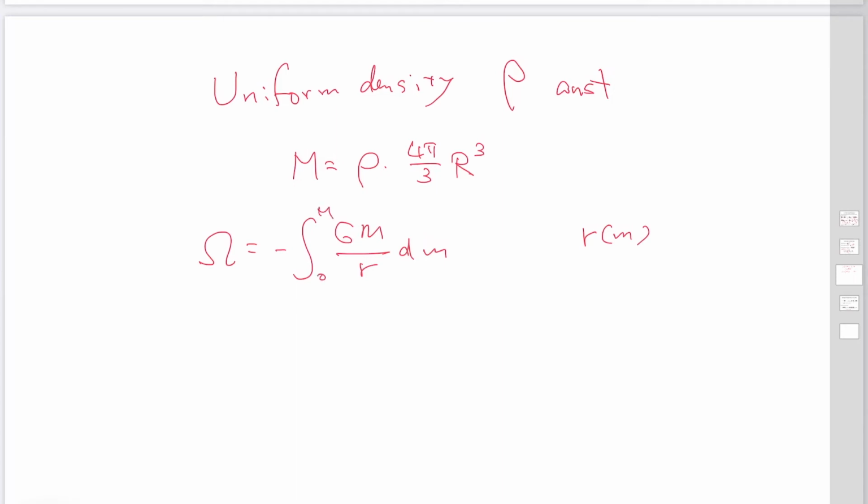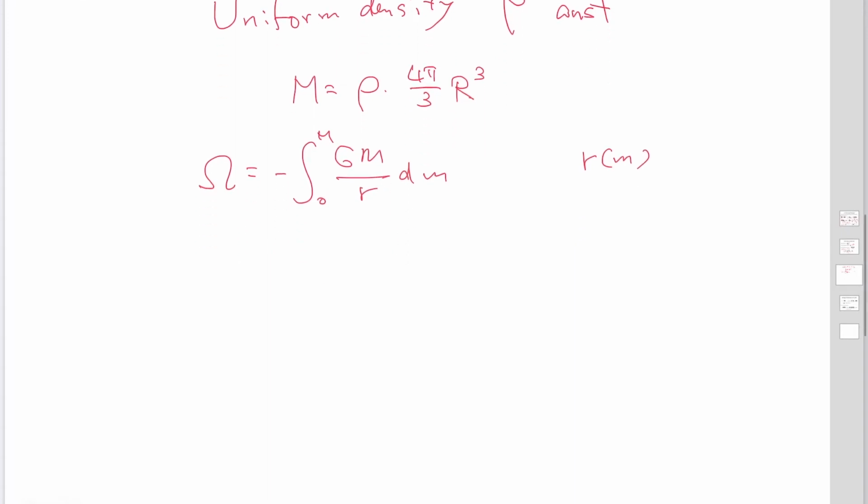But in the case of uniform density, you can just calculate this quantity as minus rho squared times G, integral from 0 to R, of 4 pi r cubed over 3 over r, and dm is 4 pi r squared dr times rho. Then we can perform these integrals.